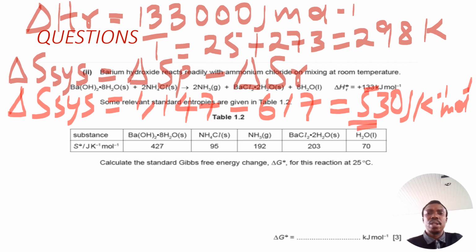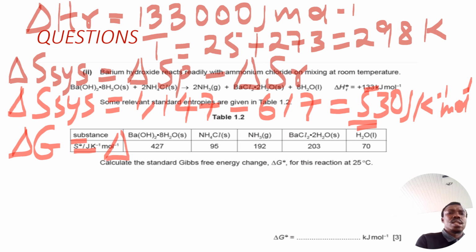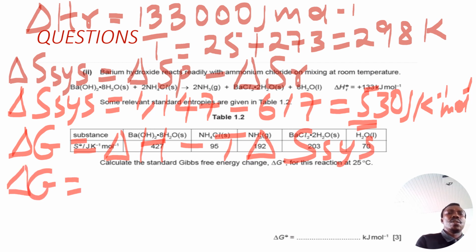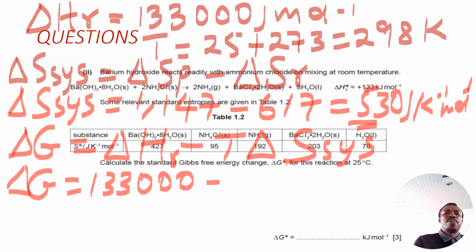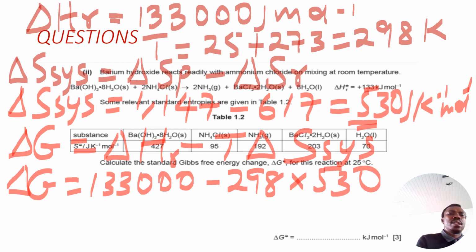So we are to calculate the standard Gibbs free energy. Standard Gibbs free energy delta G is equal to delta H minus T times the entropy of the system. So the free energy will be equal to the enthalpy of the reaction, which is 133,000, minus the temperature, 298, times the entropy of the system, which is 530.